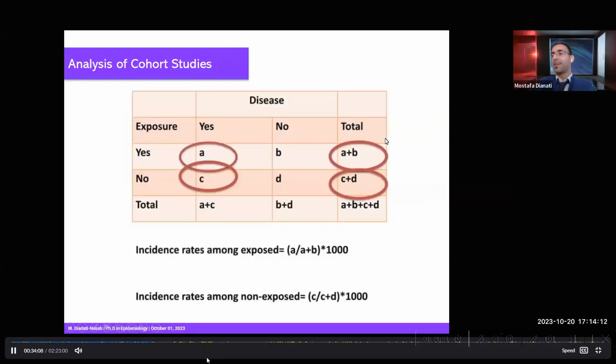Okay. Let's go to our famous cross-tab table, the previous one that we also mentioned. Here we have disease, and here we have exposure.